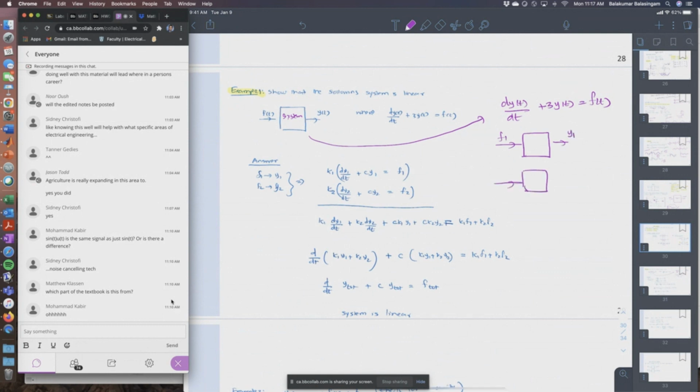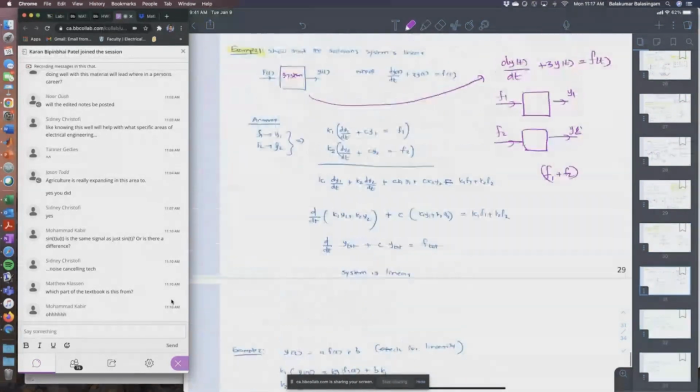When you give F2, let's assume you get Y2. We want to see what happens when we give F1 plus F2, and more generally, what happens when we give K1 F1 plus K2 F2. What is expected is K1 Y1 plus K2 Y2. If that happens, then the system is linear. That's what we are doing here.